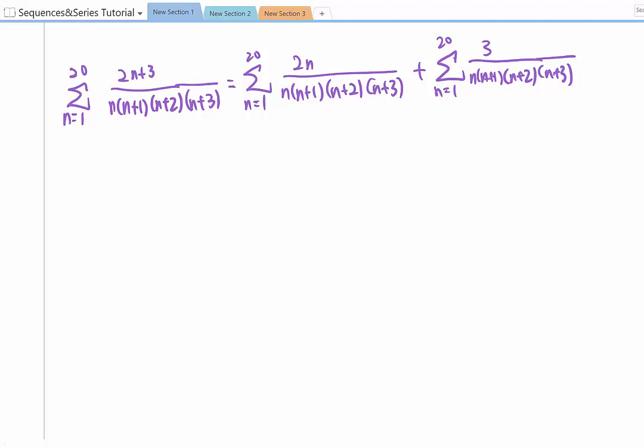Okay, so let's take a look at this. In the first series over here, it looks quite ideal because we can cancel out n. And then it gives us a series where the terms have denominators with consecutive factors, and there are only 3 factors. This is great. It's something that resembles part A that we were working on previously.